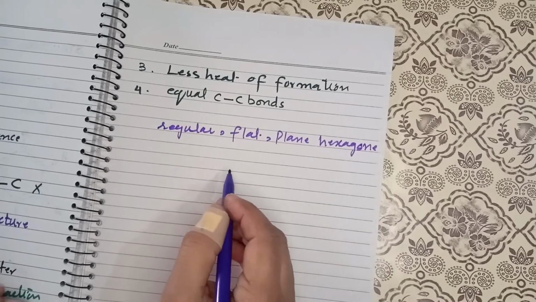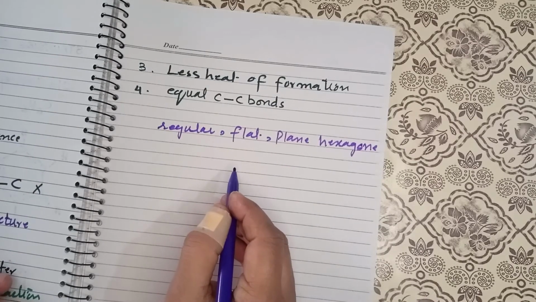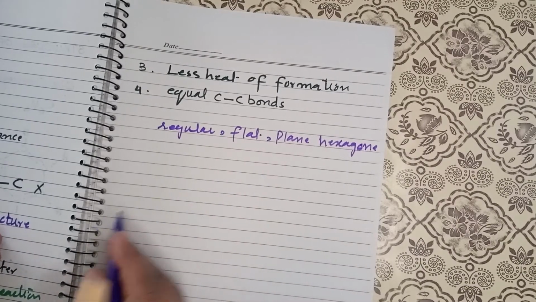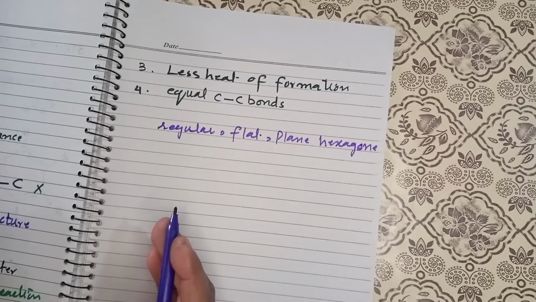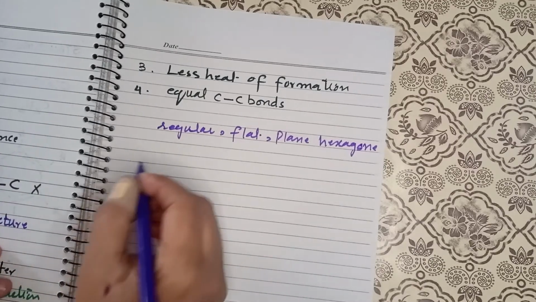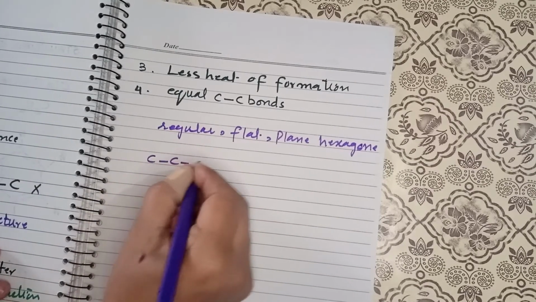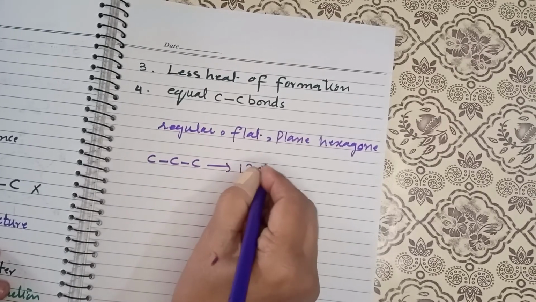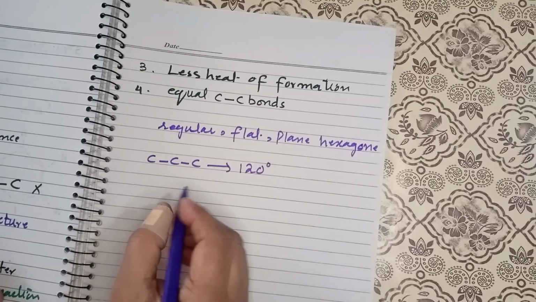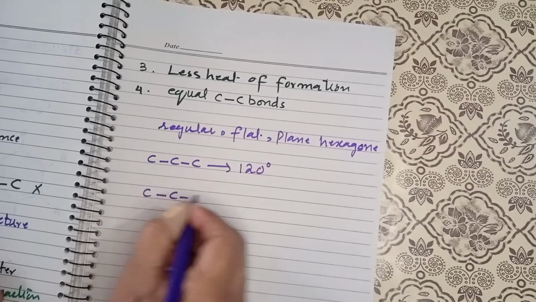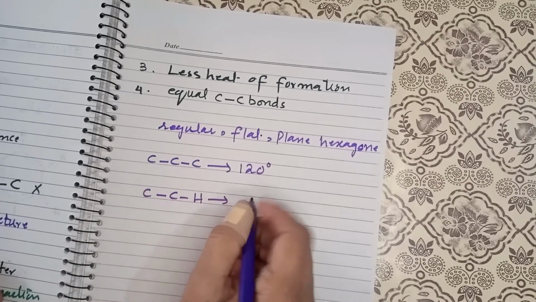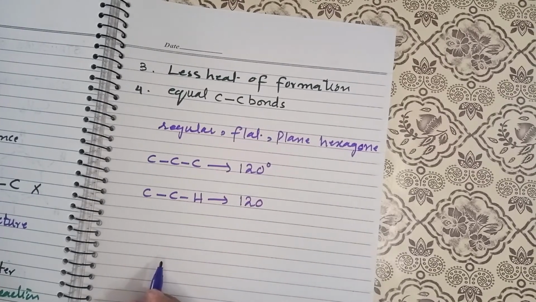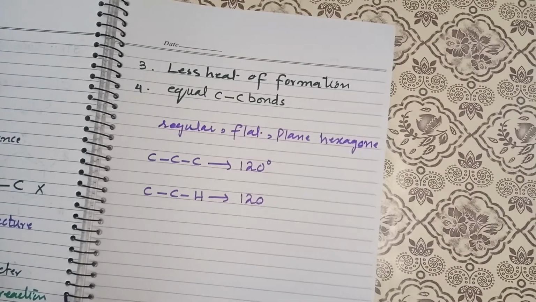All the 6 hydrogen atoms are coplanar with the 6 carbon atoms, meaning all the carbon and hydrogen atoms lie in the same plane. The bond angle between carbon, carbon and carbon is 120 degrees, and the bond angle between carbon, carbon and hydrogen is also 120 degrees. It means all the bond angles are 120 degrees. I hope this is clear to you, students.